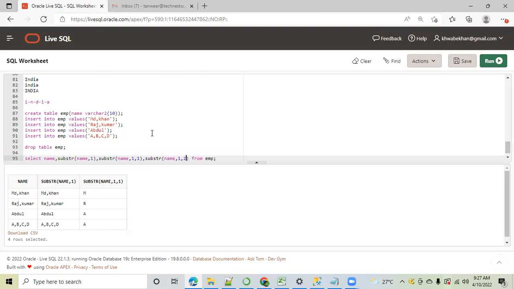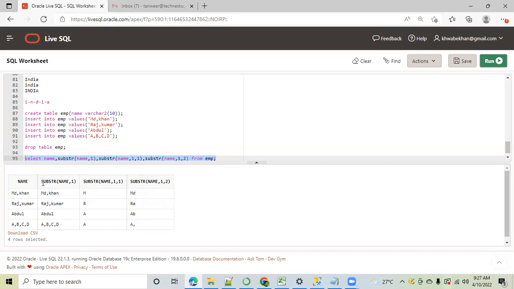Now this. What I've done here, this one. First two letters, first two characters, right? Because I've written 2, it means it will give me the first two characters. And RA you are getting, AB you are getting, A you are getting.